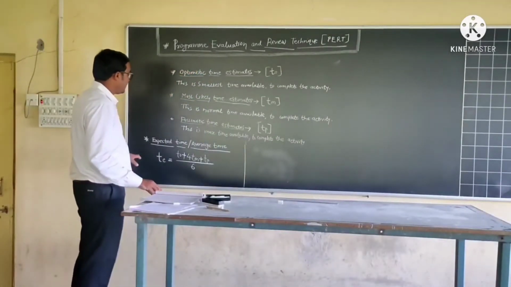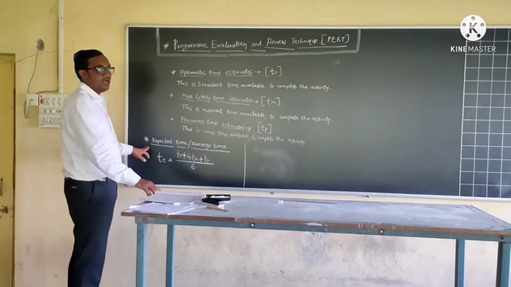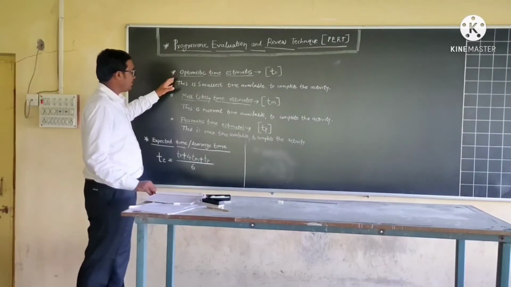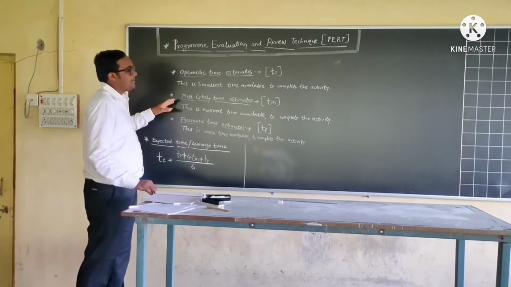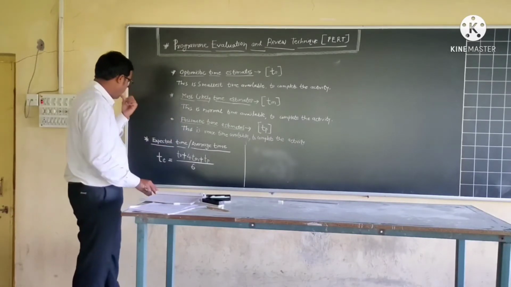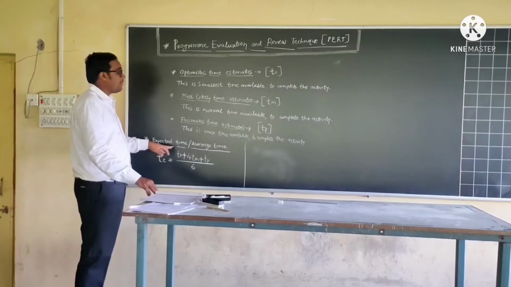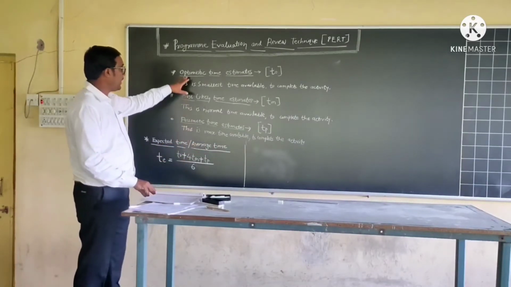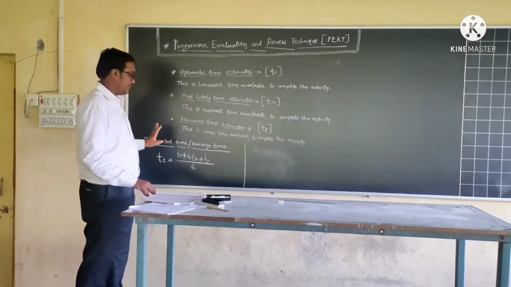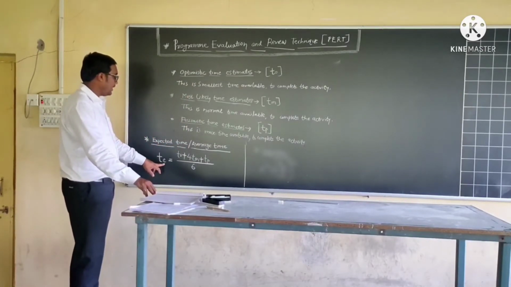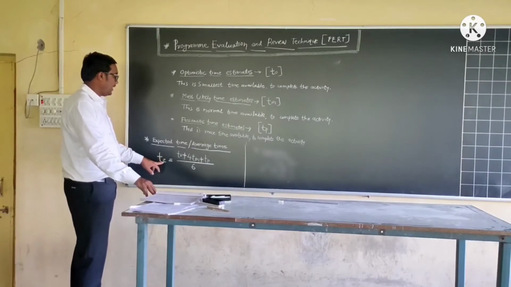So first of all, we need to calculate the expected time to complete the activity. All the times are given: optimistic time, most likely time and pessimistic time. But the actual time is not given. So we have to calculate the expected time or average time to complete the activity depending upon the data given in the time estimates. So the formula is TE, where E denotes the expected time.